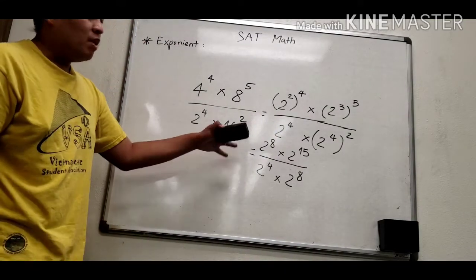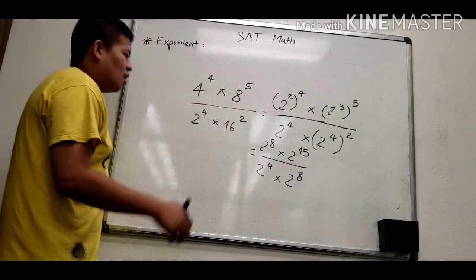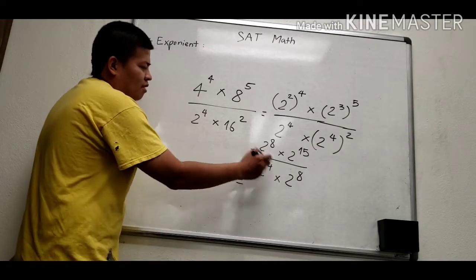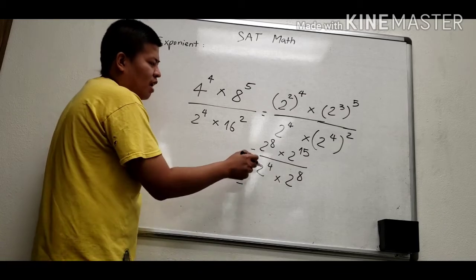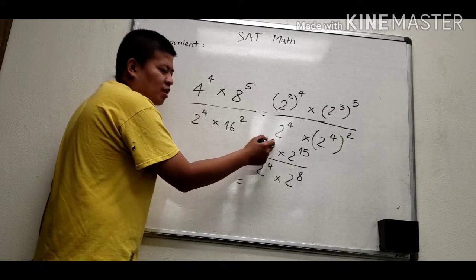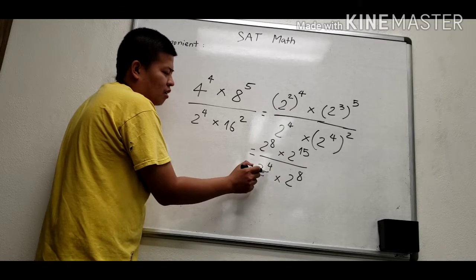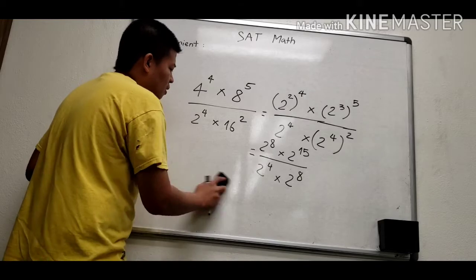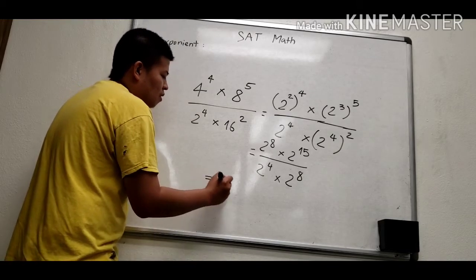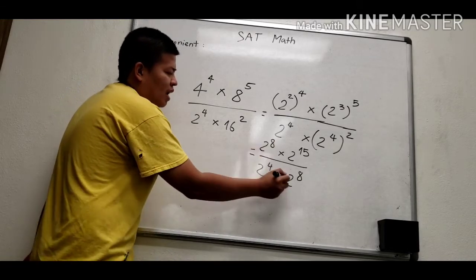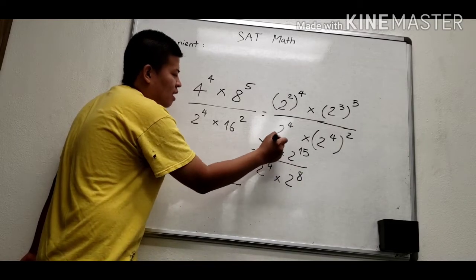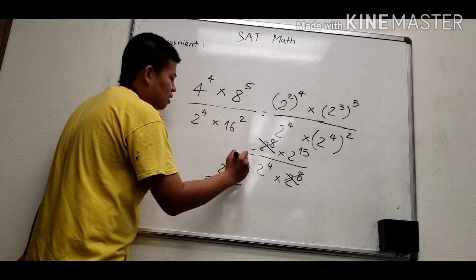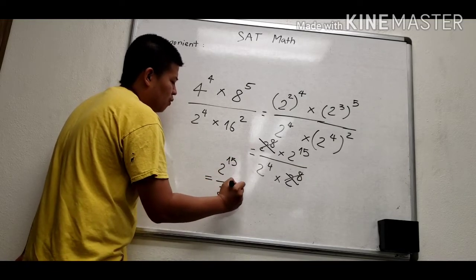Now, let's simplify the fraction. As I mentioned previously, because we have the same base, when we divide, the number on the top is still positive, and the number in the denominator will become negative. I will show you. We have 2 power 8 and 2 power 8. We can simplify them together. So you get 2 power 15 and 2 power 4.